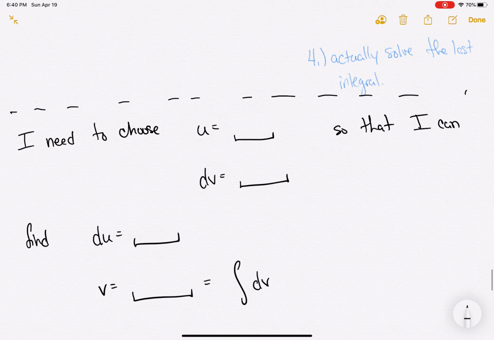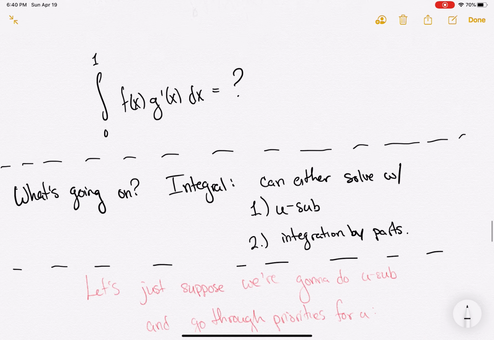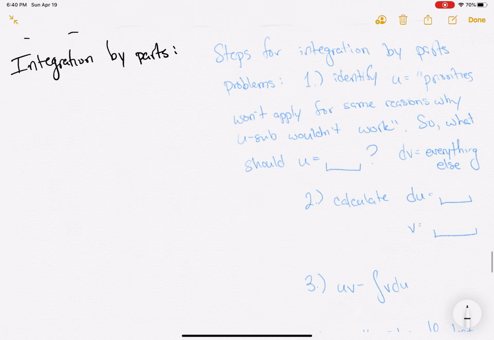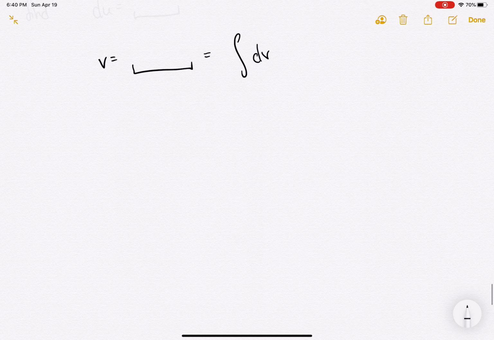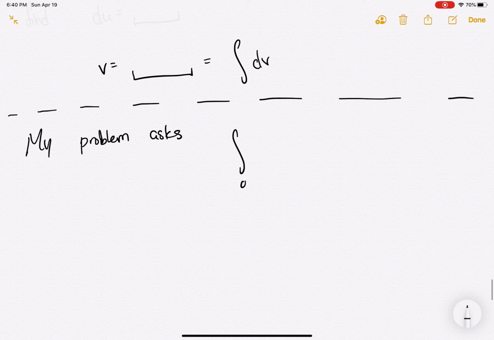And in my problem, the problem up here, integral from 0 to 1 f of x times g prime of x dx. My problem asks integral 0 to 1 f of x g prime x dx.